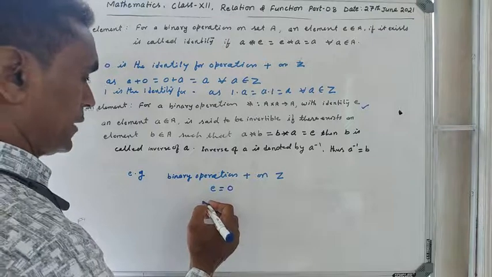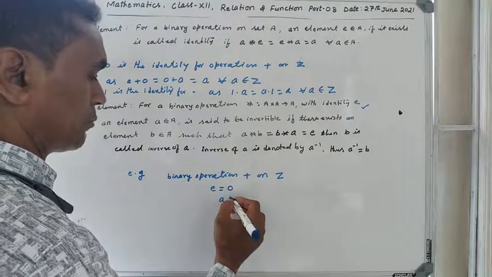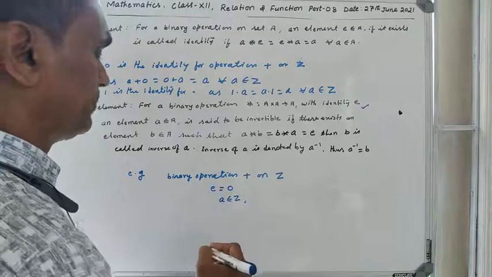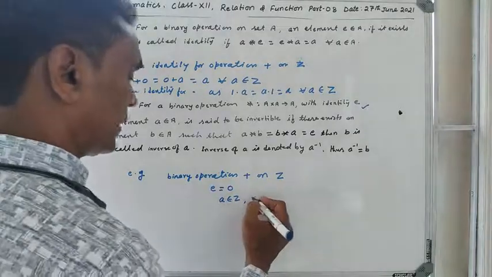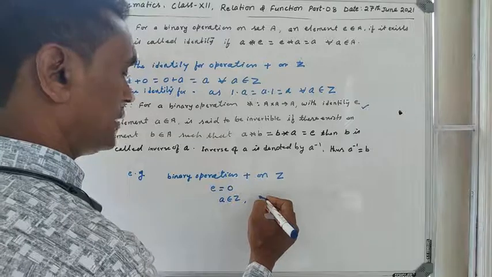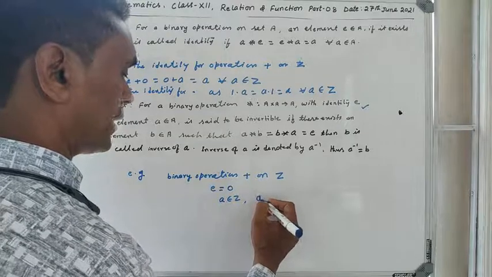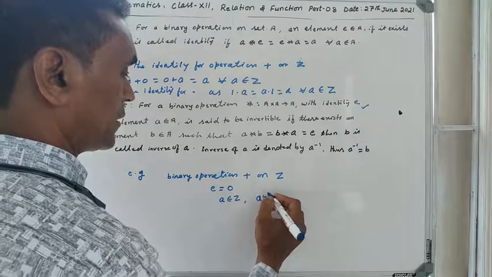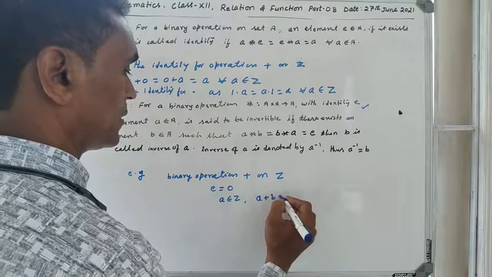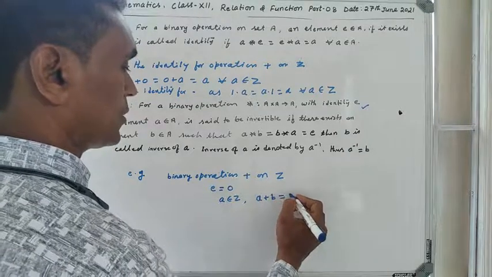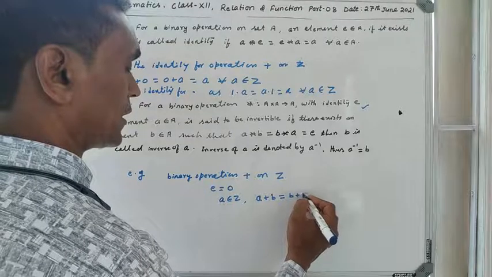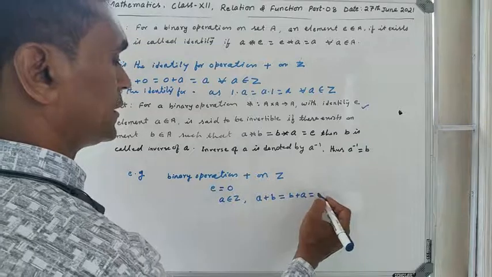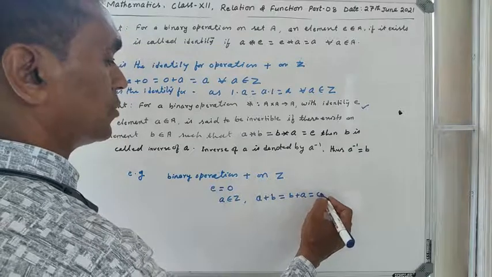Now let a be any element belongs to Z. Suppose b is the inverse of a, then b plus a is equal to a plus b is equal to the identity element 0.